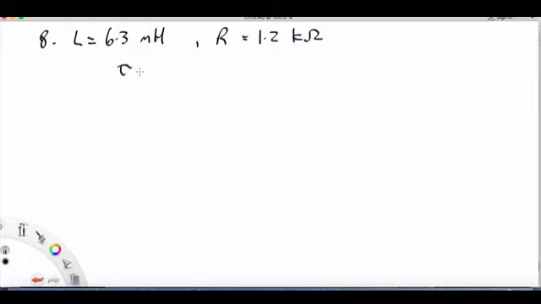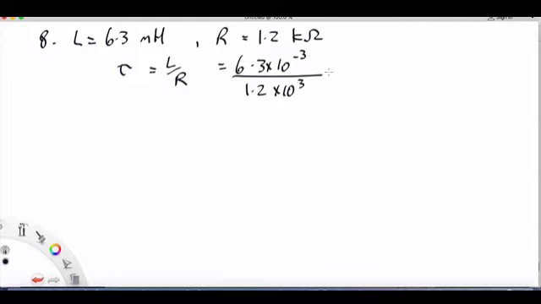Now, we want to know the time for the current to rise to 63%, and that is what the time constant represents. And the time constant for an RL circuit is L over R, which is 6.3 by 10 to the minus 3 over 1.2 by 10 cubed, and that gives us 5.3 by 10 to the minus 6 seconds, or 5.3 microseconds.